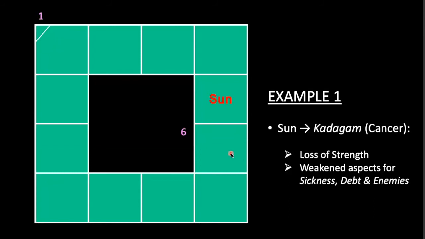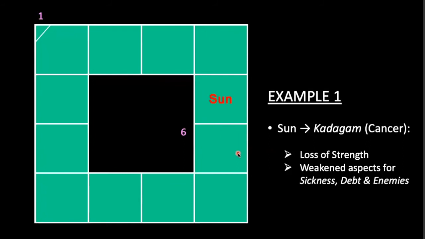But just for contrast, if this happens to be the second house for someone and the sun is 12 houses away, the second house represents what? Speech, family life, income, or the ability to make income. You lose that. The second house is a positive house, although sometimes we call it the Maraka house, which we won't get into.